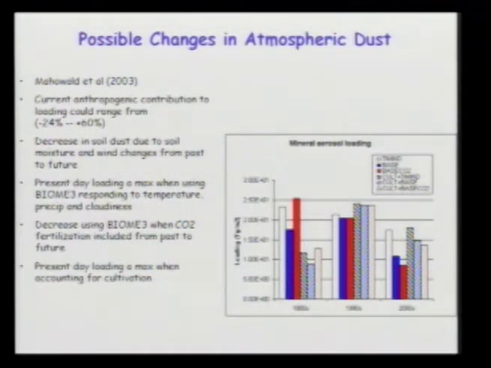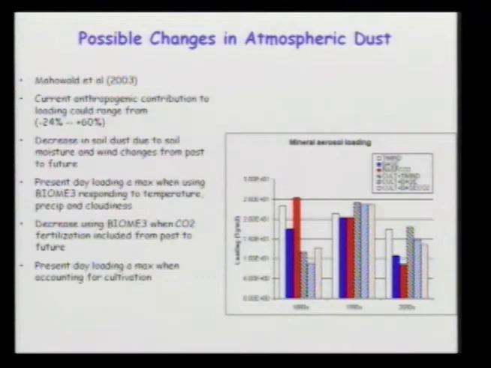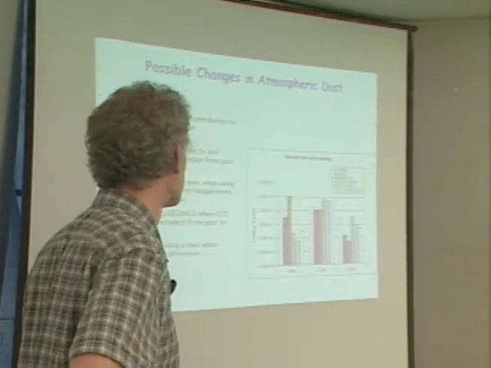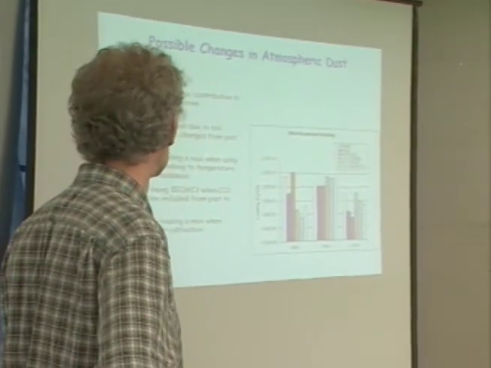And I don't have time to go through all of the scenarios. But the point is that they're all over the map, but they depend strongly on considerations which haven't typically entered into our previous exploration of climate change and aerosols.